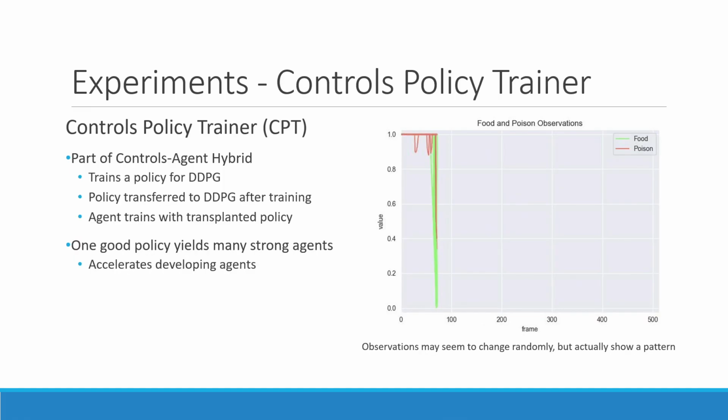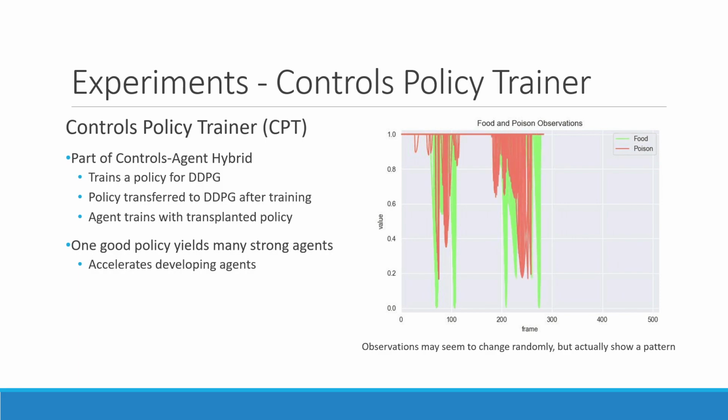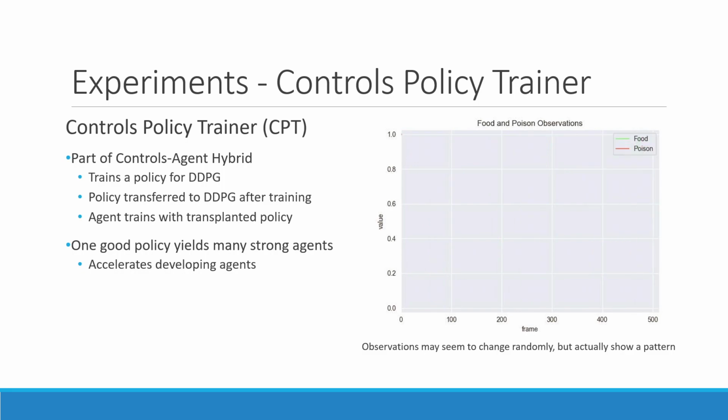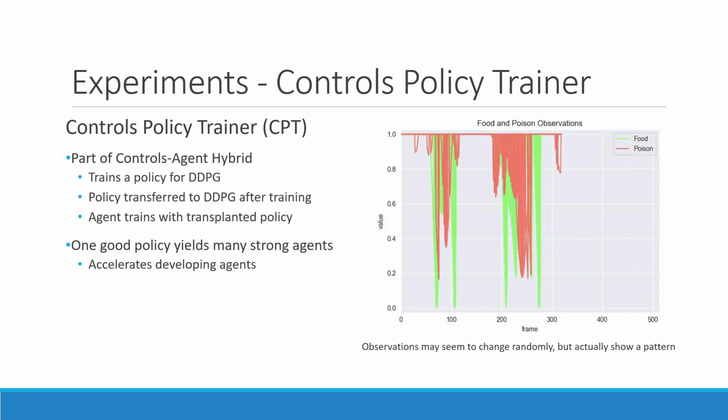I also developed something I call the controls policy trainer. And the reason for this is the controls algorithm that I developed is fairly good. It pursues food fairly well and avoids poison fairly well. It's definitely not optimal, but it does fairly good. On the right here, we see an example of observations coming in through the episode. And you'll notice these spikes appear almost seemingly at random. But as you think about it, by understanding the observations, the closer to zero, the closer the food or poison is to the agent.